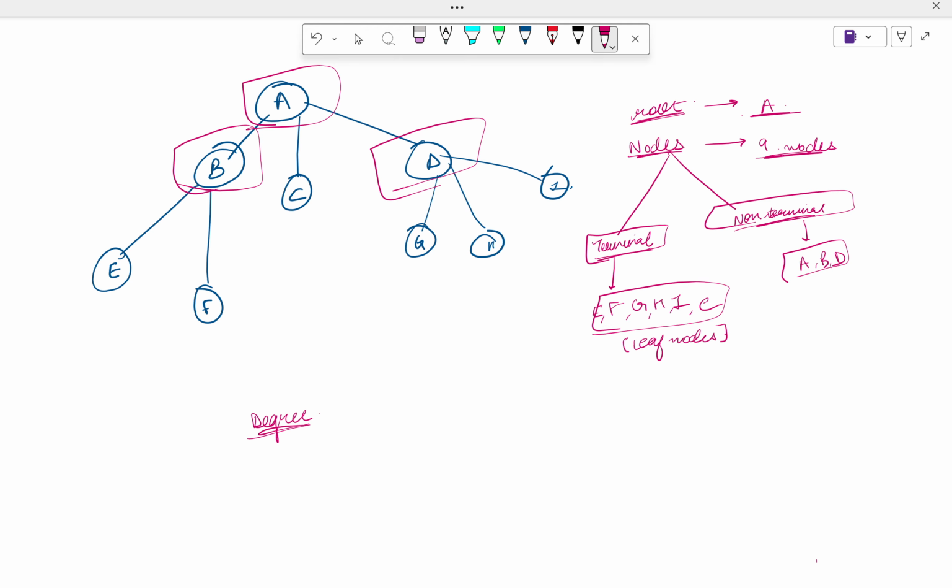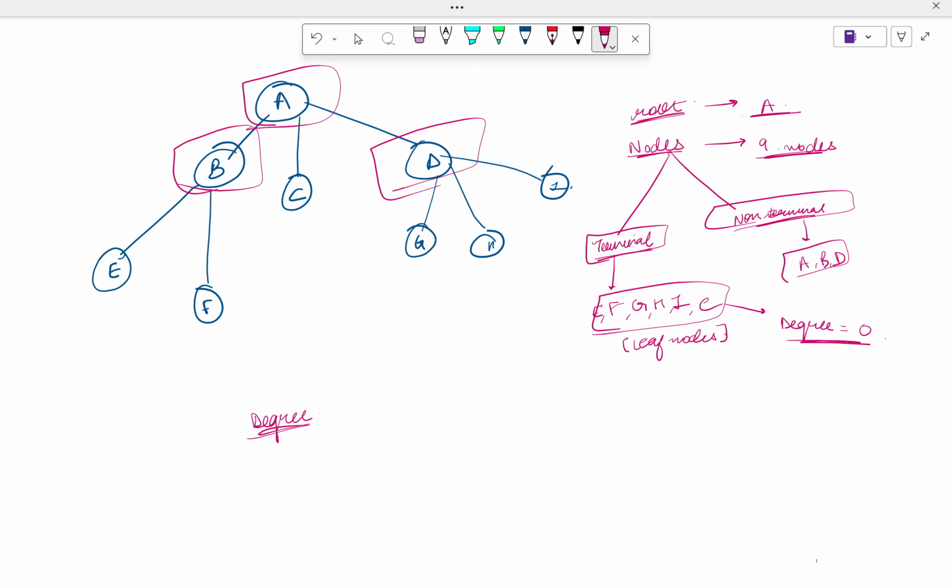The degree of a node is basically how many nodes are derived out of it. So certainly a terminal node will have a degree of 0, because nothing is derived out of it.